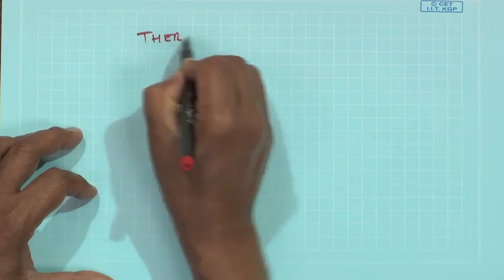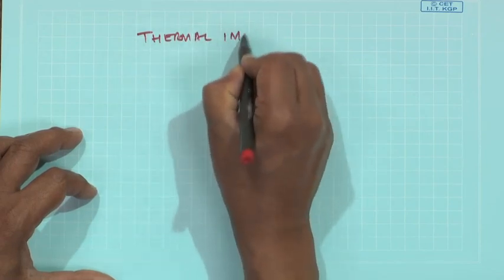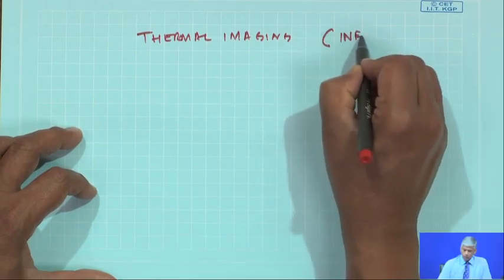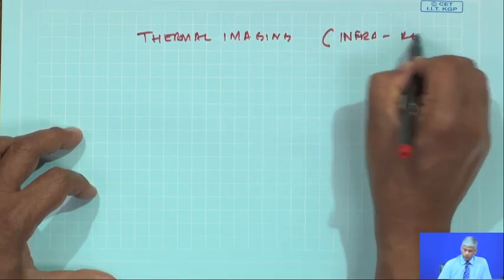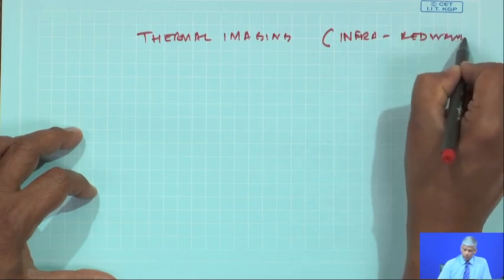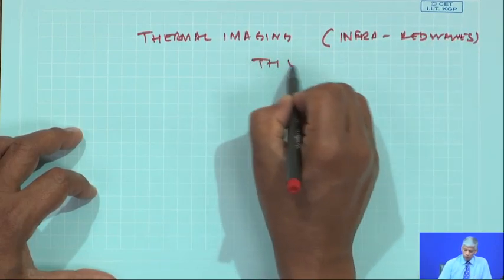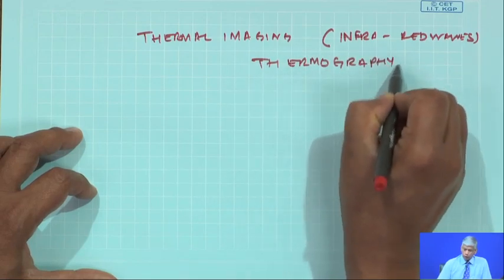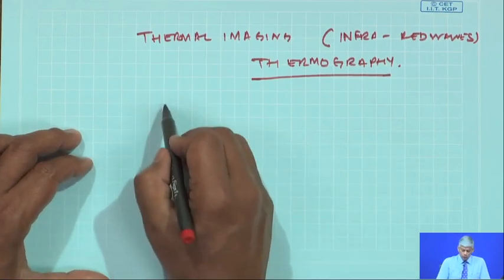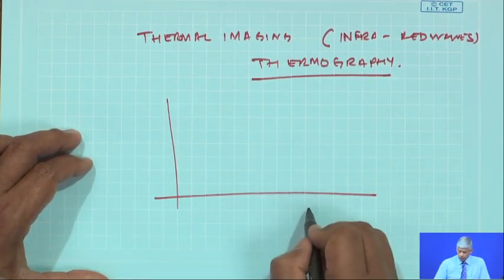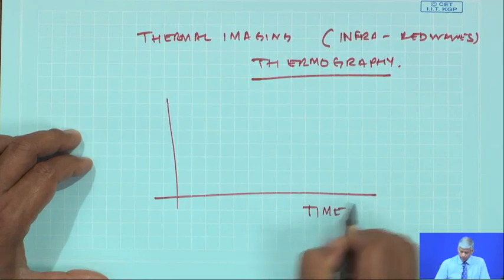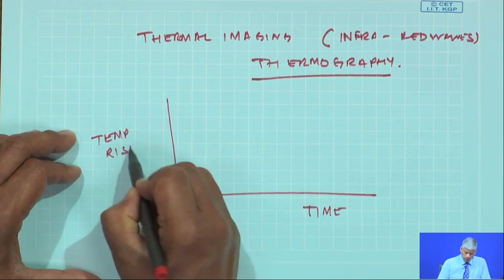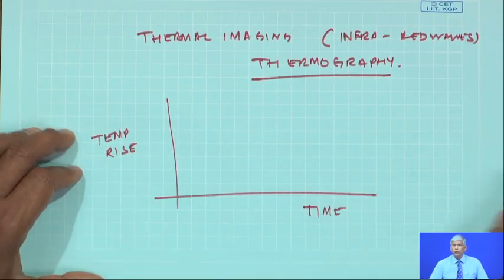So, later on when we discuss a technique called thermal imaging by what is known as infrared waves, which is known as thermography. In fact, our research group has found out that with time, if there is a misalignment, the temperature rises at the bearings.